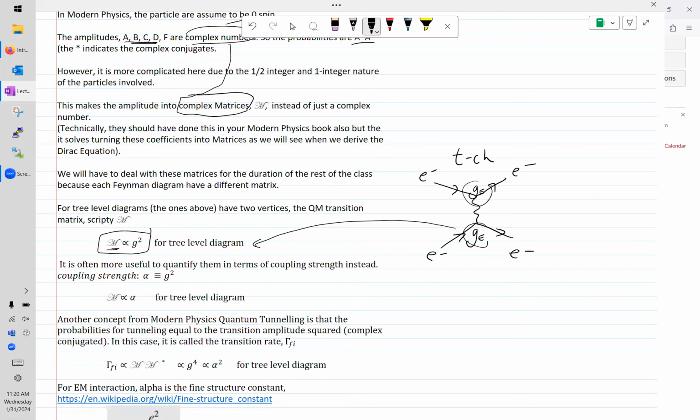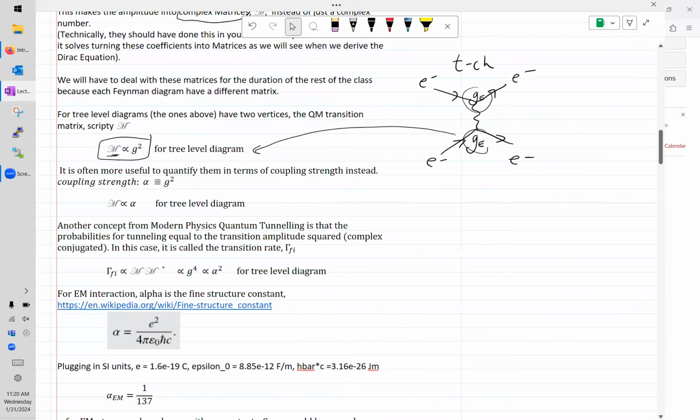I'm going to have a little bit of fun. To make things easier or harder, harder for students, easier for people who've done this multiple years, we're going to define a new quantity called the coupling strength, as opposed to the coupling constant. And just to be even more confusing, we're going to call it alpha, because it looks like the proportionality sign.